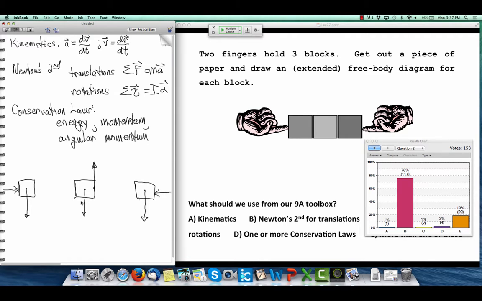But it's not. So first of all, I can't have any torque on this thing if it's going to be in static equilibrium, which means I gotta worry about Newton's second law for rotations too. Even right now. In fact, the only way I can make sure that there's no net torque is to make those two friction forces equal. If they weren't equal, then there would be a torque on this thing.